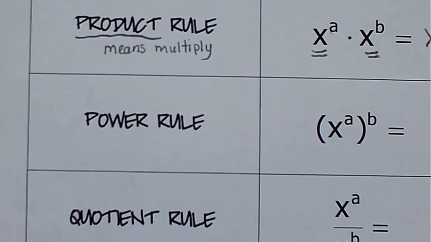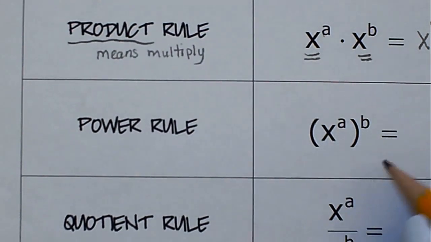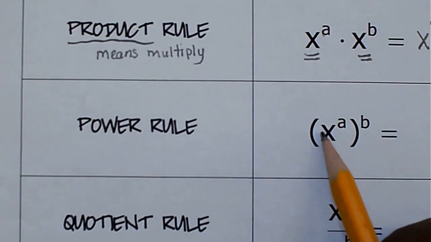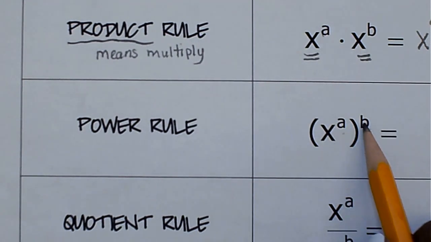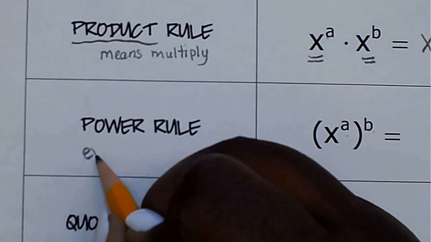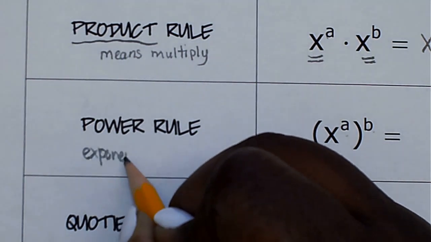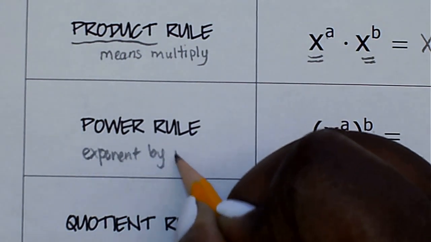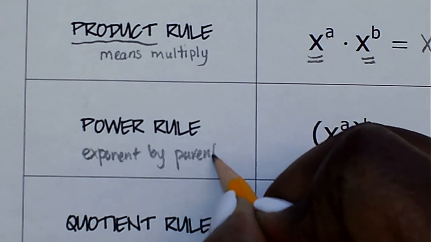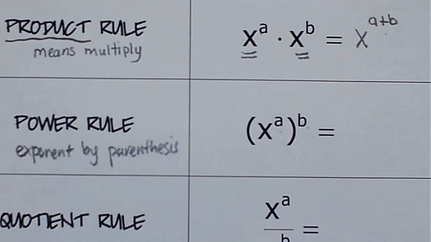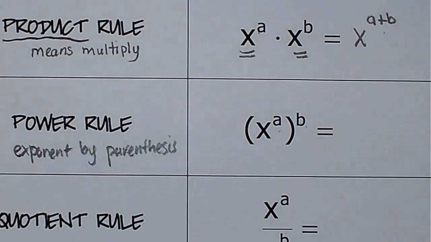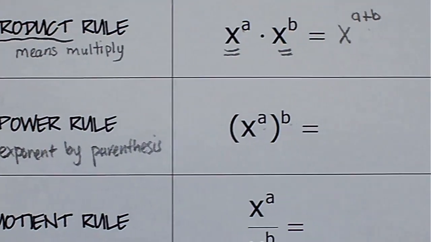The power rule is when an exponent is raised to a power. So we have an exponent by the parentheses, and just to remind us, we'll write that. This looks kind of blurry this time. There we go, a little better.